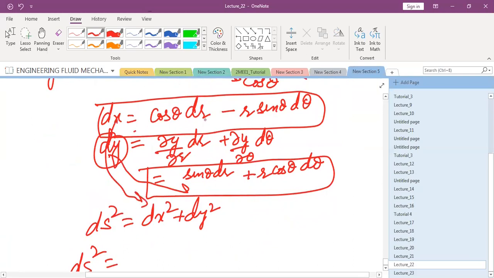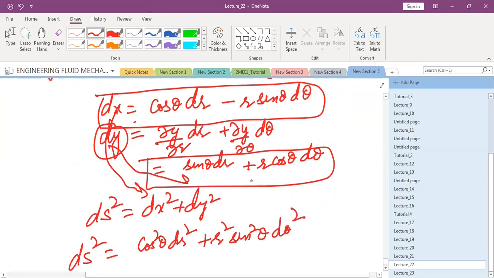Squaring and adding, what do you get? dx square is cos square theta dr square plus r square sin square theta d theta square, minus 2 r cos theta sin theta d theta dr.